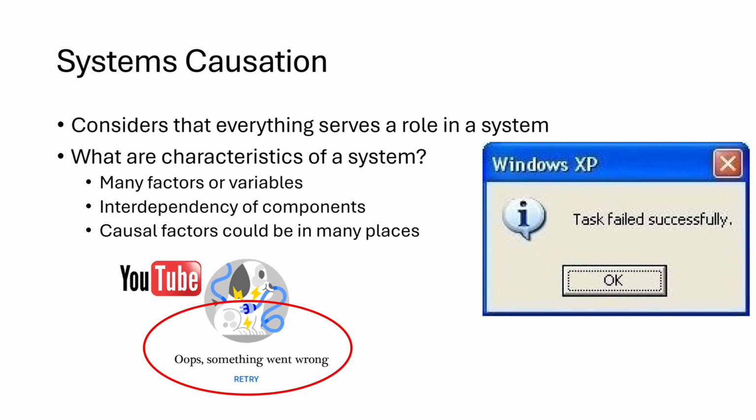The idea of systems causation is that everything serves a role in the system. So what are the characteristics of such a system? Those are going to be critical aspects that we need to untangle in human performance investigation. There's many factors or variables, a lot of interdependencies, and causal factors can manifest in many different places.